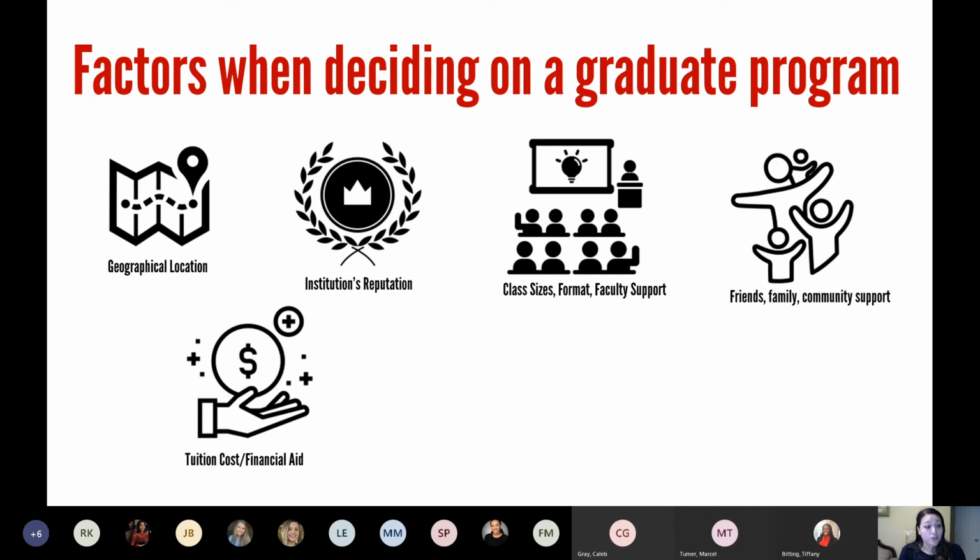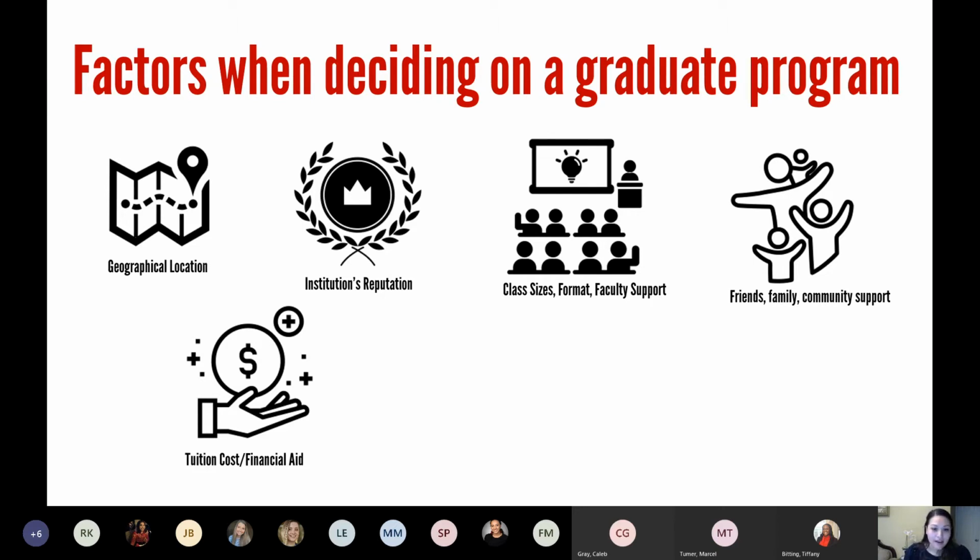Now, I've also included financial aid, because maybe the tuition cost is one thing, but the program offers really outstanding financial aid support. Maybe there are graduate assistant programs to allow some tuition assistance, some stipends, some different opportunities to work and earn financial support at the same time.